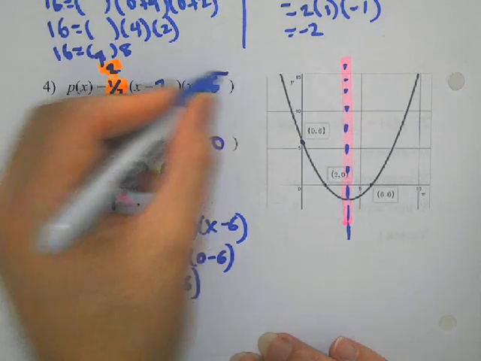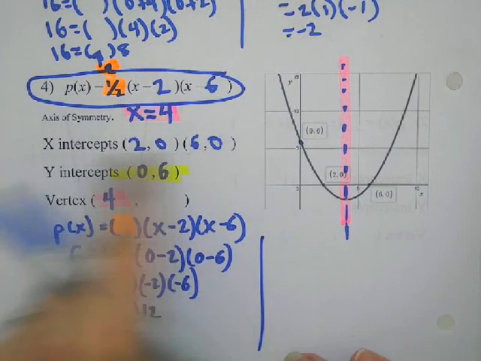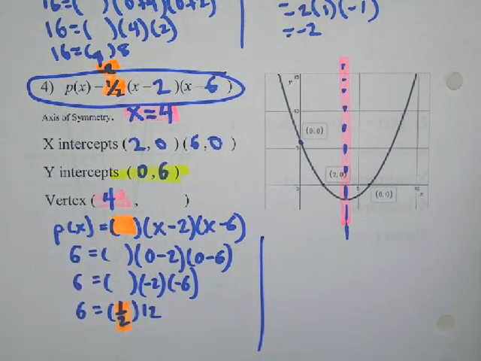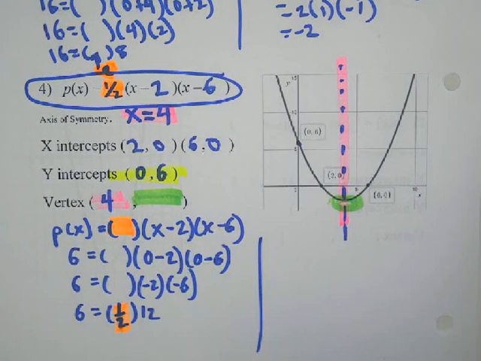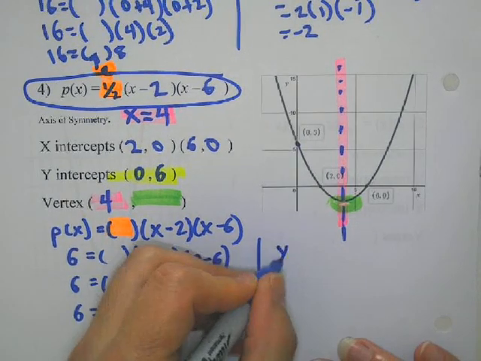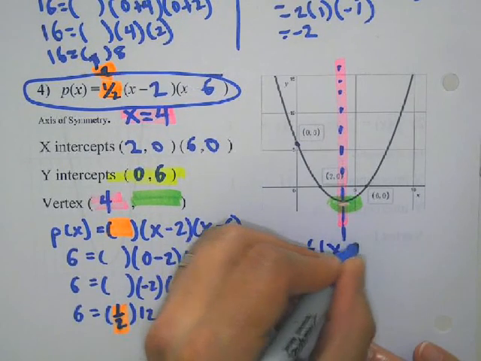Okay, so let's solve for the vertex. This value here. Okay, so my vertex, we have y equals 1/2 x minus 2 times x minus 6.